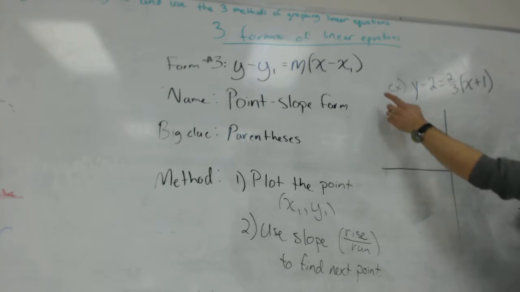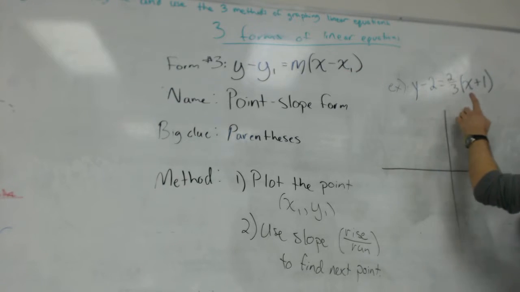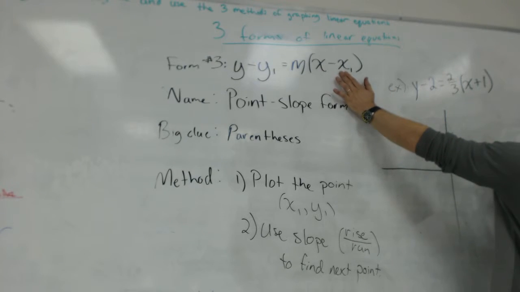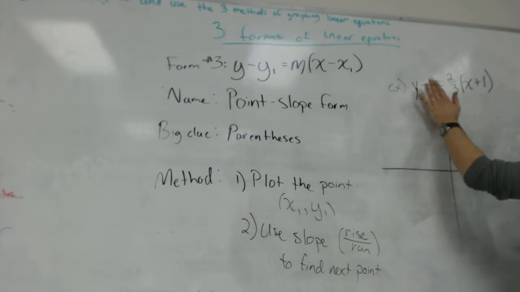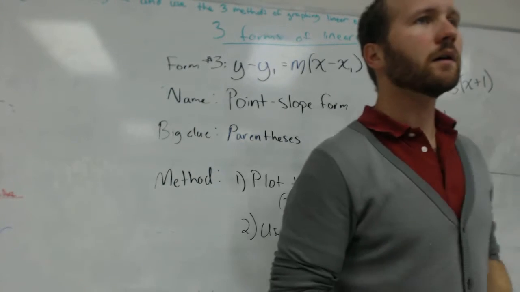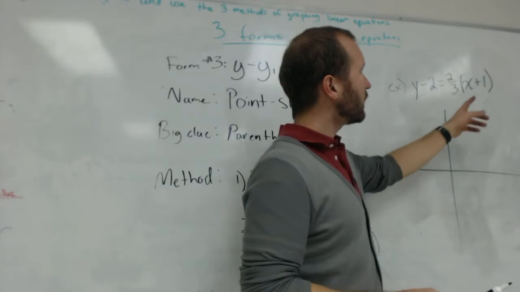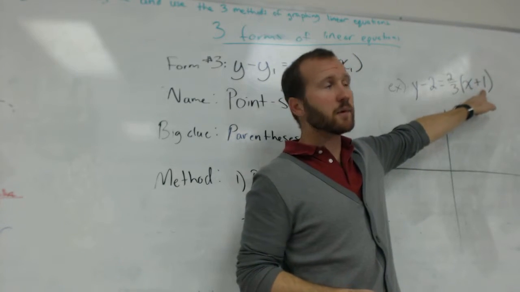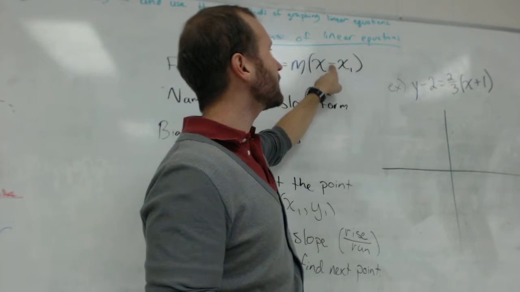Okay? So what's the x1 in this equation? Look at the form of my equation, and then look at this example. What is in the place of x1 there? Is it positive 1? It's negative 1, because in the form there's a minus here.